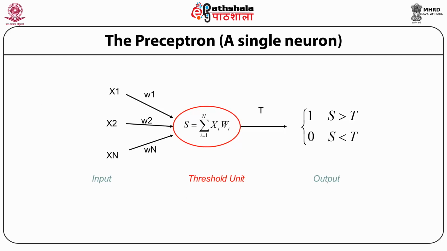Now to understand this in more detail, let's look at just one unit of a neural network, which is called a perceptron or a single neuron. So this is the neuron and it is getting signals. In this case I show 3 from the neurons of the previous layer, but each of them is weighted differently.